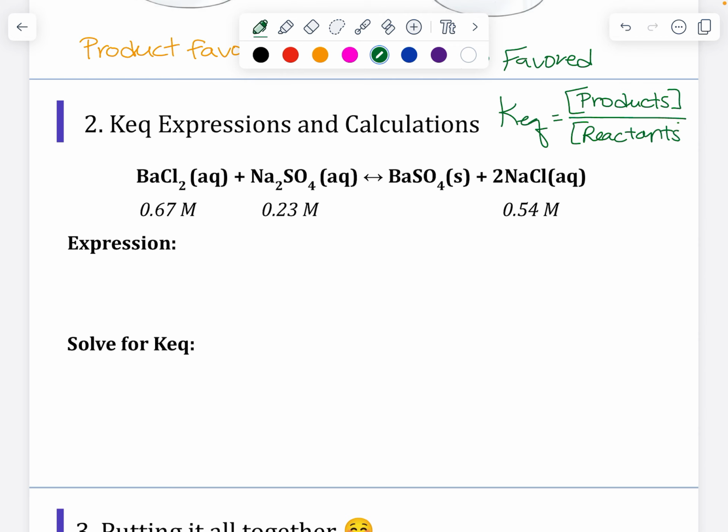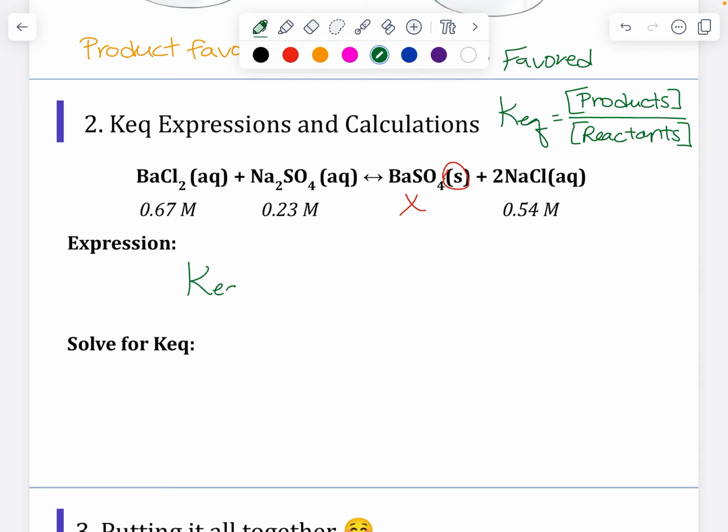We need to make sure those are things that can change concentration. So as I look at this, barium chloride plus sodium sulfate produces barium sulfate and sodium chloride. Well, barium sulfate is a solid, and so that's not going to be included in my equilibrium expression. It's not going to be able to change concentration.